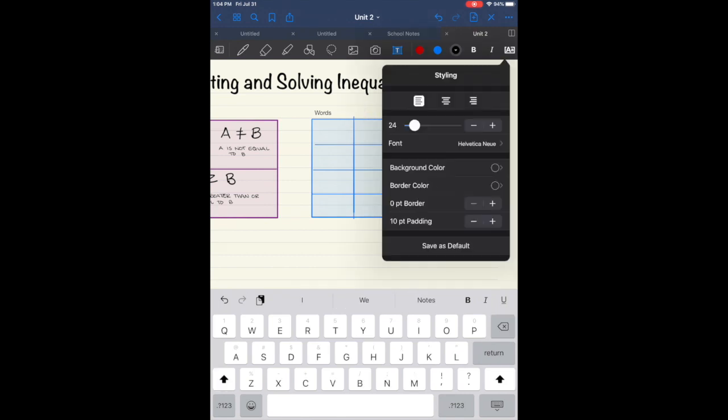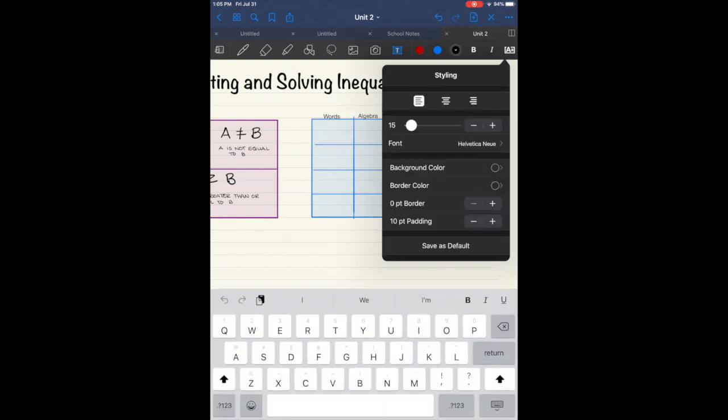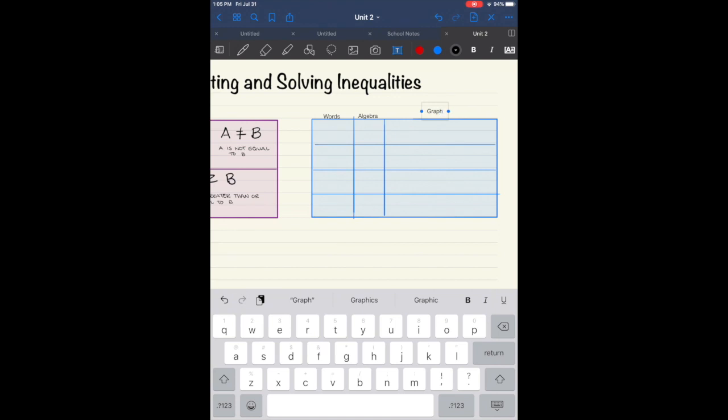Typing is also hard. So we're going to have a word section, an algebra section, and a graphing section.